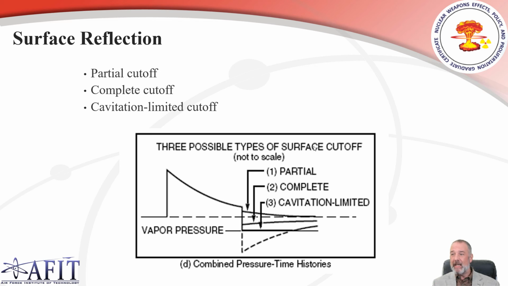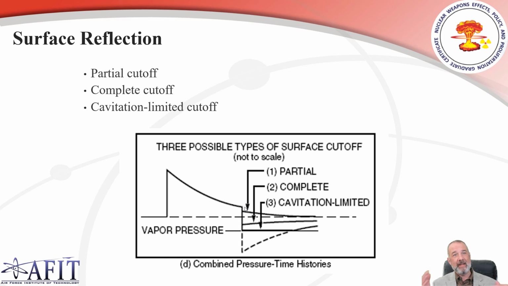What we can get is a partial cutoff of that outgoing pressure wave in the water, and that's where the tension wave isn't low enough to completely bring the pressure of the outgoing wave down to normal. So as we can see here, it's a little bit less, but it's still decreasing.